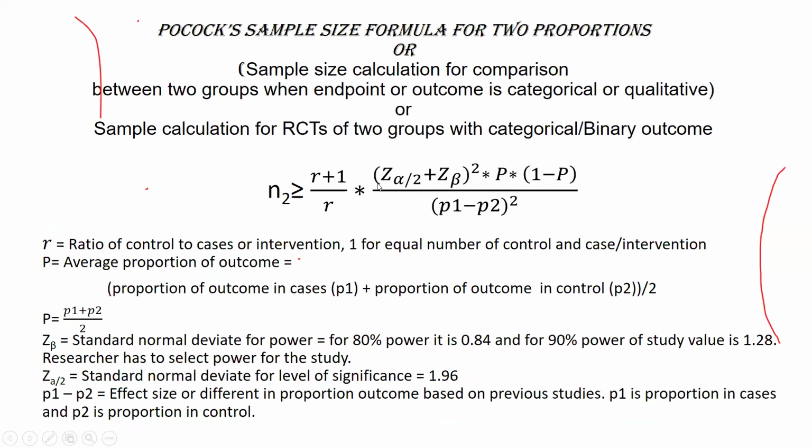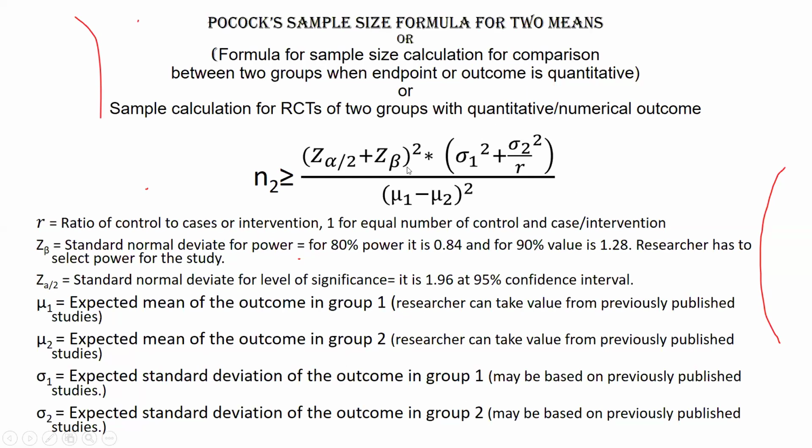You can see the same value in the earlier formula, no need to worry. Number 2, multiplied by sigma 1 square. Sigma 1, sometimes written as S1 square, means the standard deviation of group 1, square, plus sigma 2, or small s2, the standard deviation of group 2 or control group, square, divided by R.